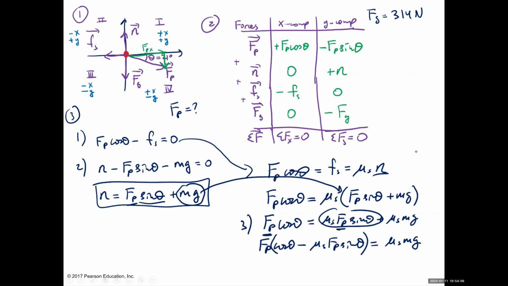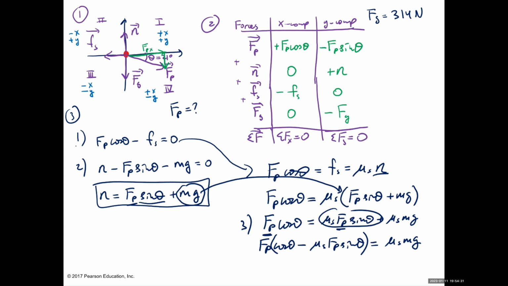And then we use the first equation to plug in that value because static friction equals the mu static times N, right? And that's how we were able to plug in that equation, right? Yes.